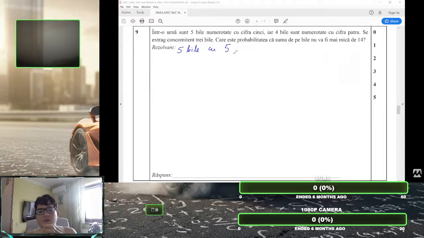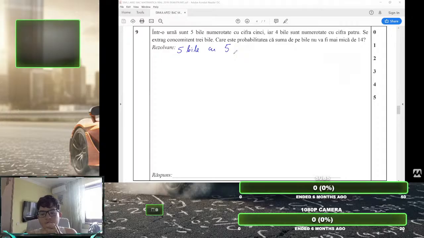Hold up, but probability that the sum on the balls is not going to be smaller than 14. So it can actually be 14. So it can either be 2 5 balls and 1 4 ball, or 3 5 balls, and that's pretty much it.